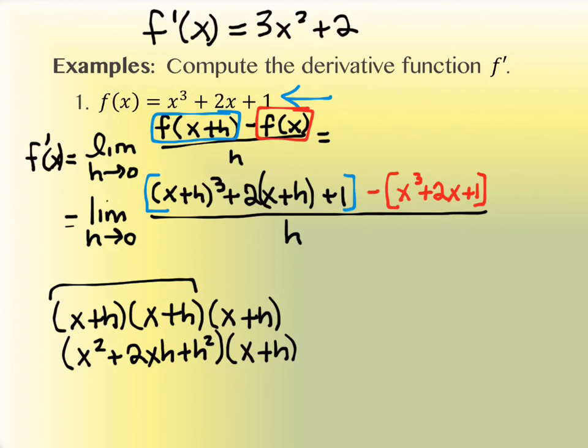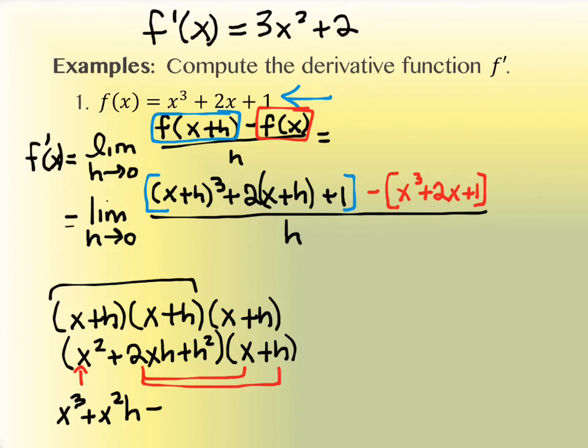And then the last one isn't really foiling because we've got a trinomial times a binomial. So we have to do it piecewise. So I'll take the x squared times the x and then the x squared times the h. So that's going to give me x cubed plus x squared h. And then we can take the 2xh times the x and the 2xh times the h.